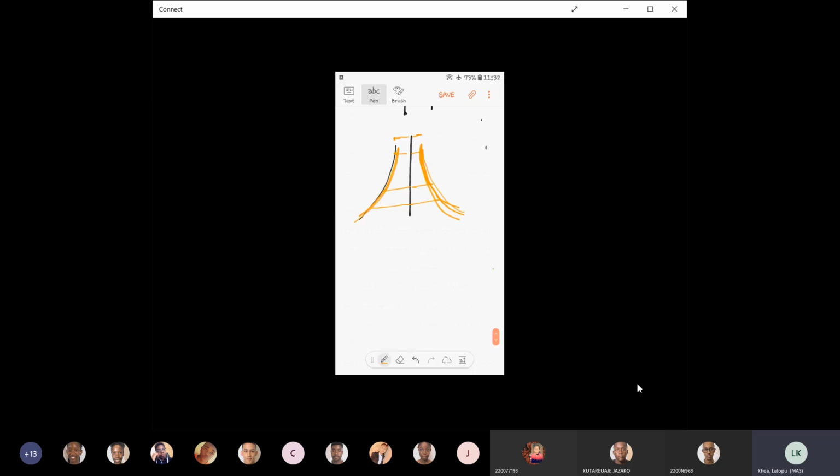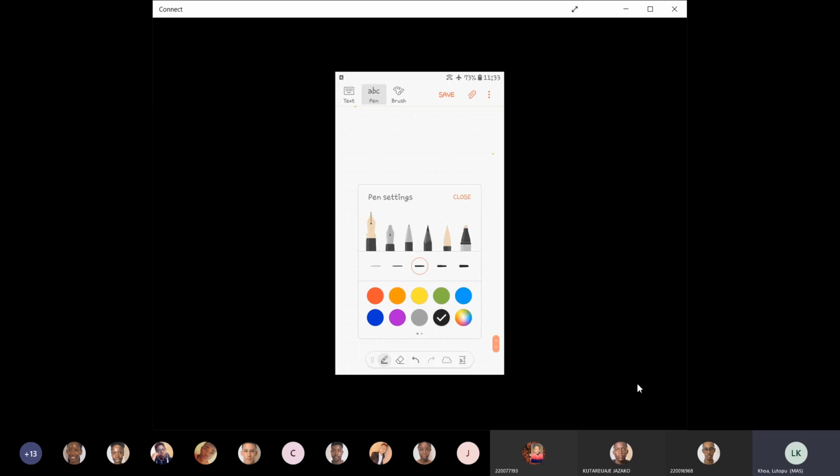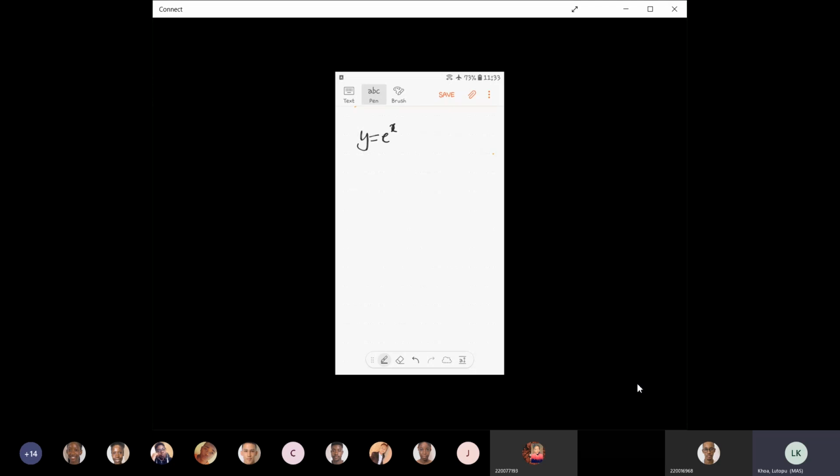Okay, let's look at that one. I think most of you are done. We're supposed to draw ln of x and e to the power of x. So we have y is equal to e to the power of x and y is equal to ln of x. Now remember, the first thing I must decide is for this exponential one, is my graph like this or is it like this?